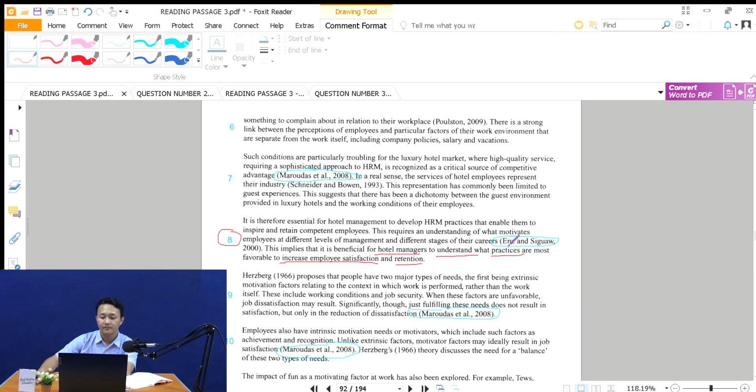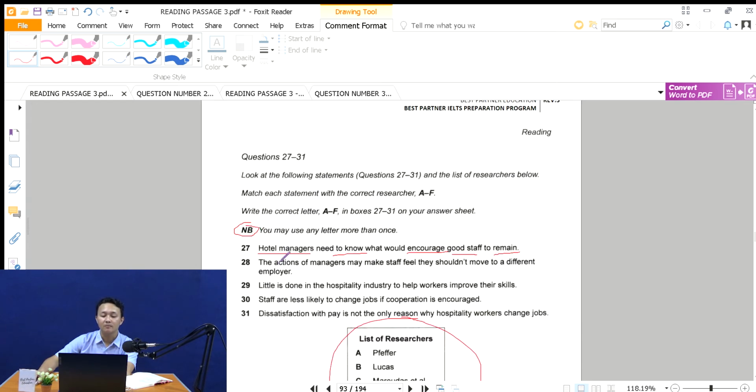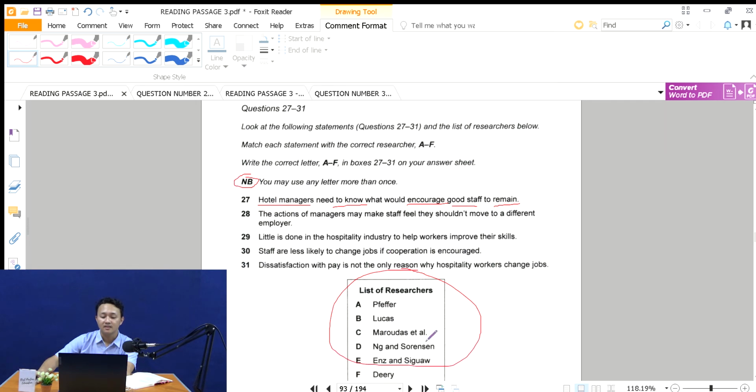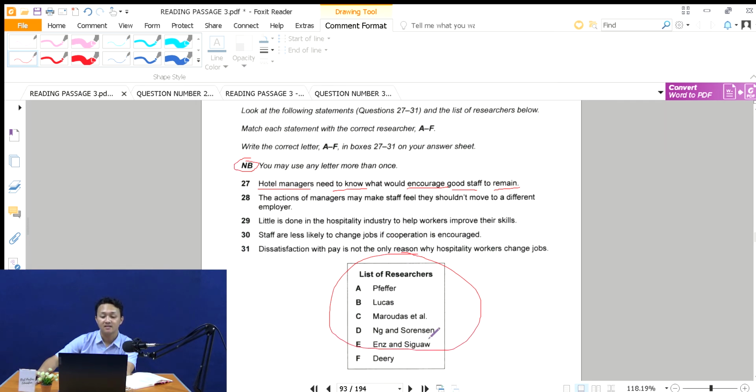This requires an understanding of what motivates employees at different levels of management and different stages of their careers. And yes, the answer is Siguo. You will find it in paragraph 8. So the answer to number 27 is E, Siguo.